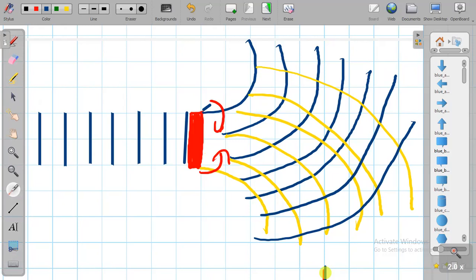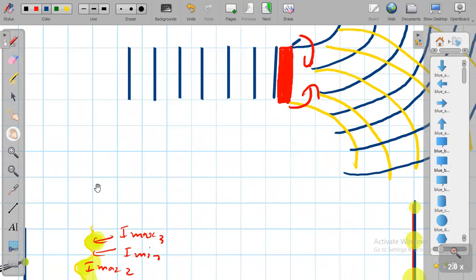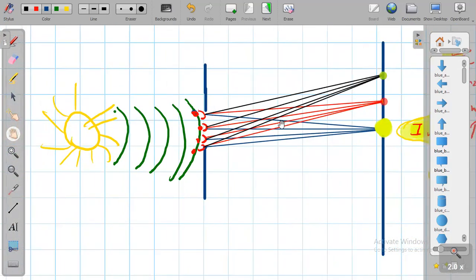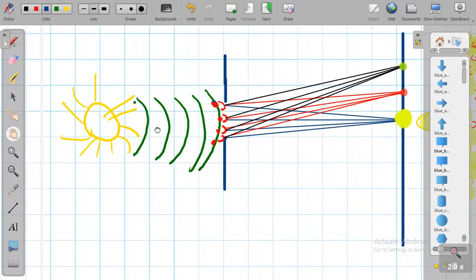Now many waves from the left-hand side like this, and right-hand side like this, interfere with each other and make different patterns. You just need to draw it. No more questions will be asked. Just draw and remember one thing: when the gap is nearly equal to the wavelength, there is the maximum displacement, the maximum dispersion, right?